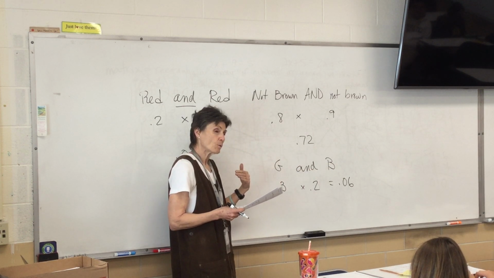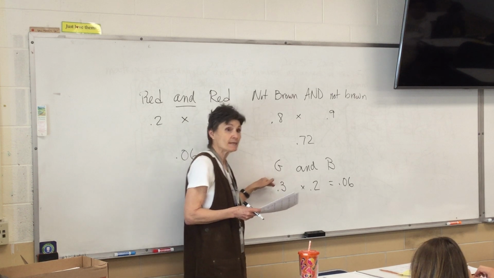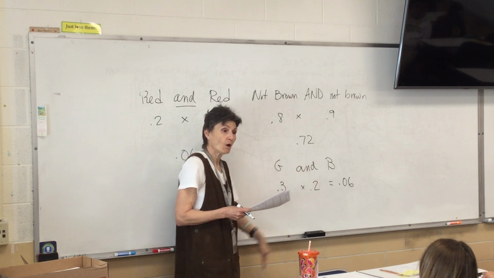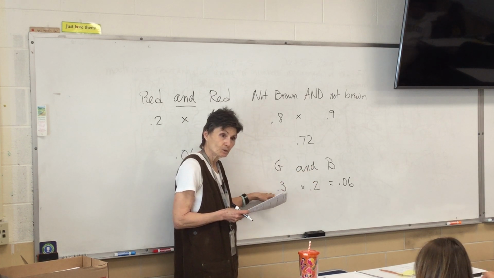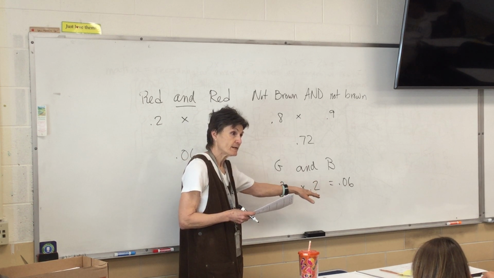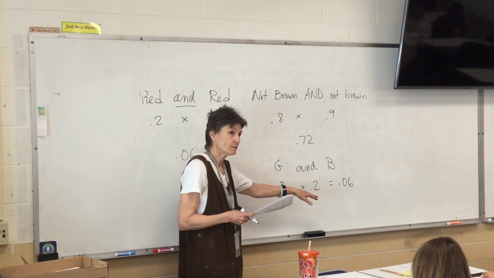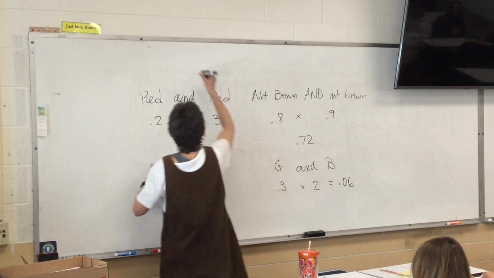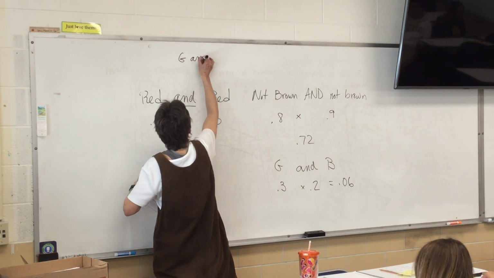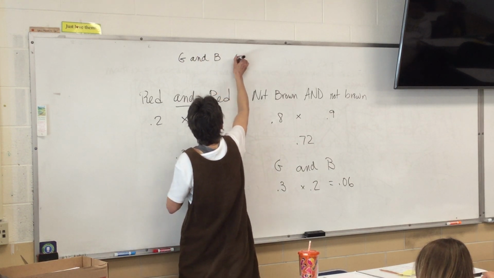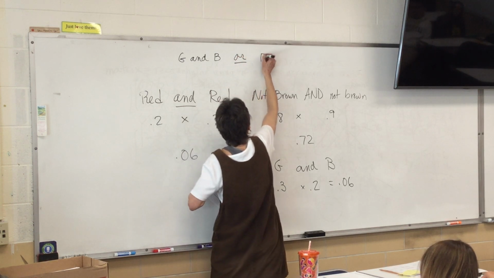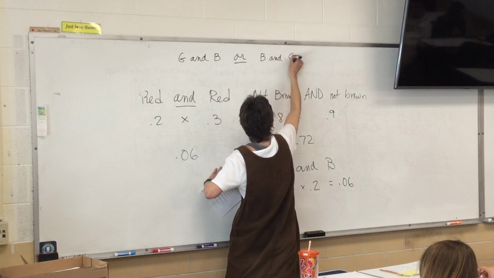But what could happen in question F? I could get green and then blue, but I could also get blue and then green, couldn't I? So I think question F says green and blue, or blue and green.